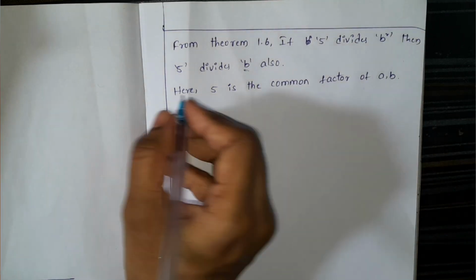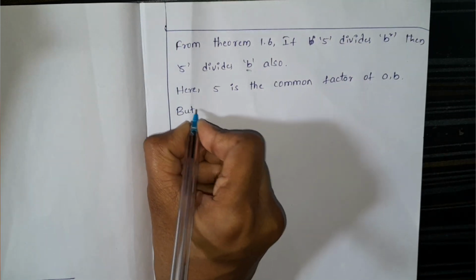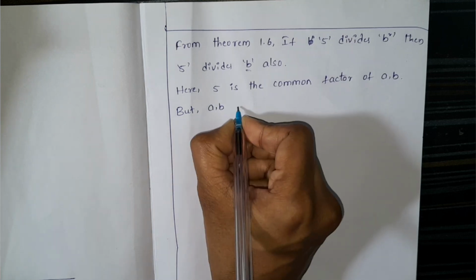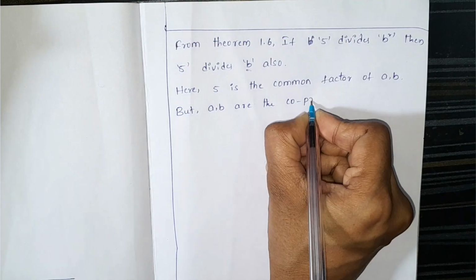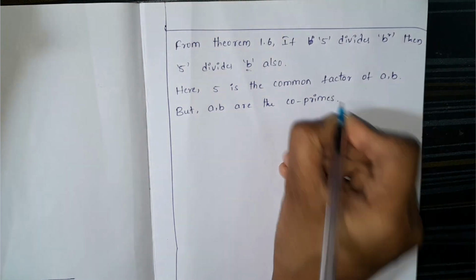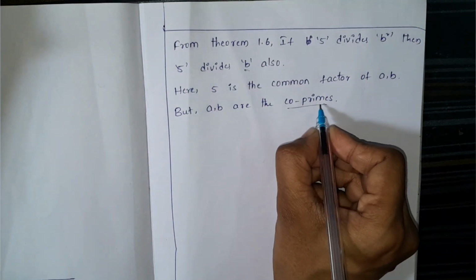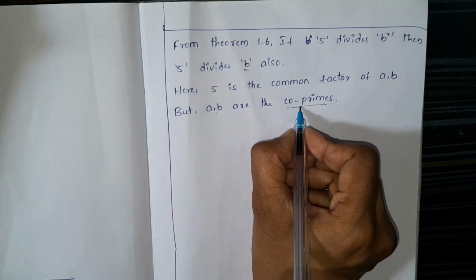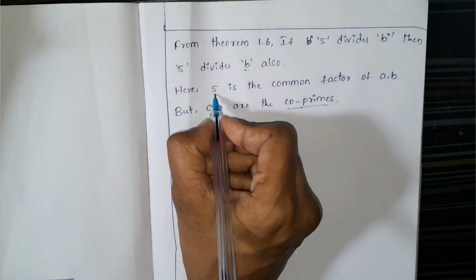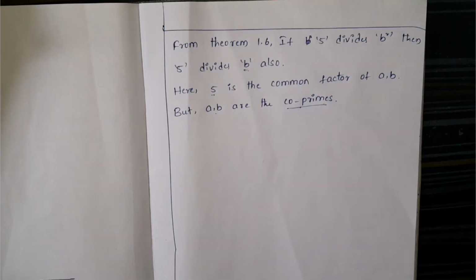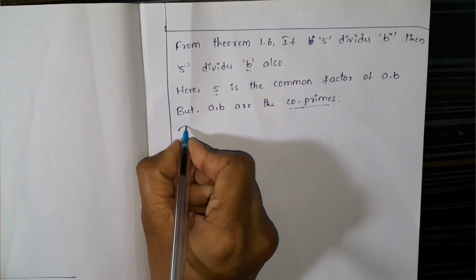But in our assumption, a, b are co-primes, right? Co-primes means that a, b should have the common factor 1 only. Here the common factor is 5, so here also our assumption is wrong.